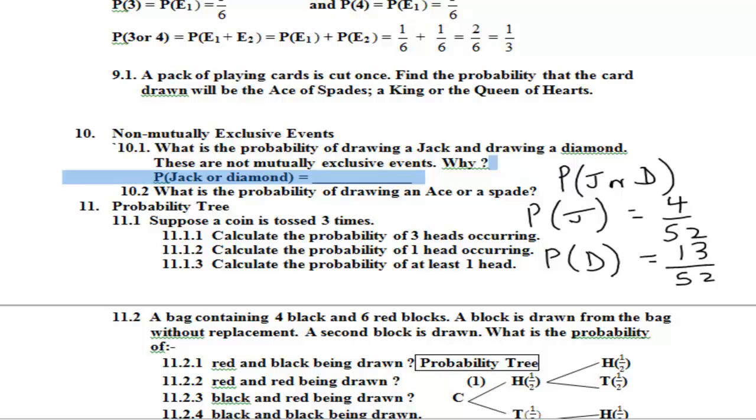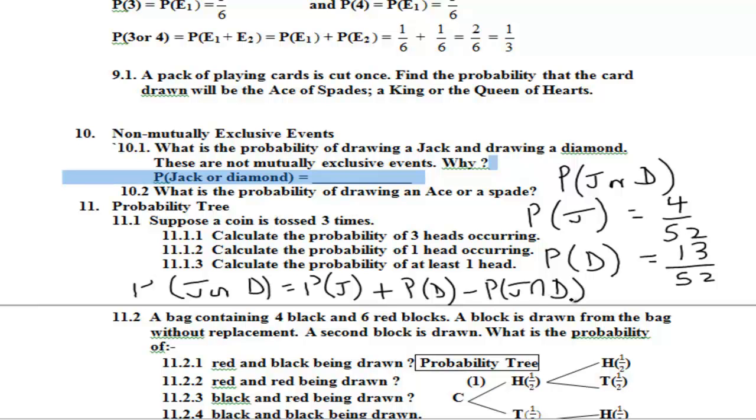So we say the probability of drawing a jack or diamond is the probability of a jack plus the probability of a diamond minus the probability that you got a jack which is also a diamond, and that is 4 over 52 plus 13 over 52 minus 1 over 52, and that will give you the answer that you require. Non-mutually exclusive events.